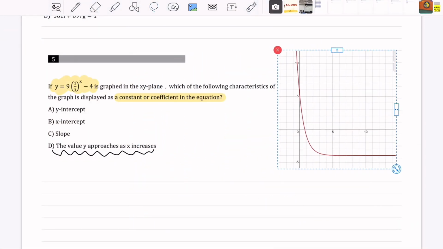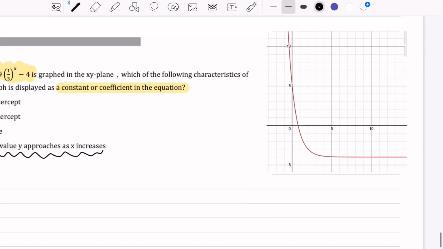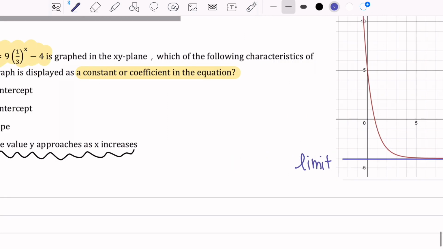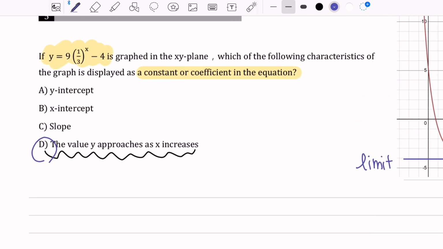D refers to this value, the y value approaches as x value increases, which means the limit. So the answer would be D.